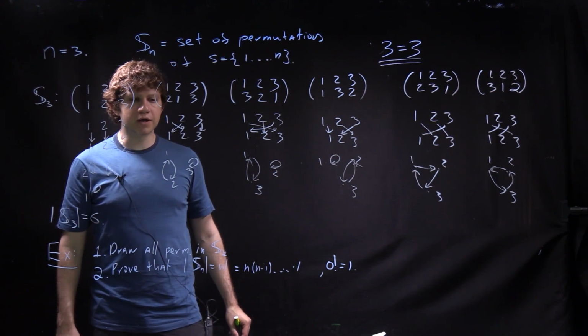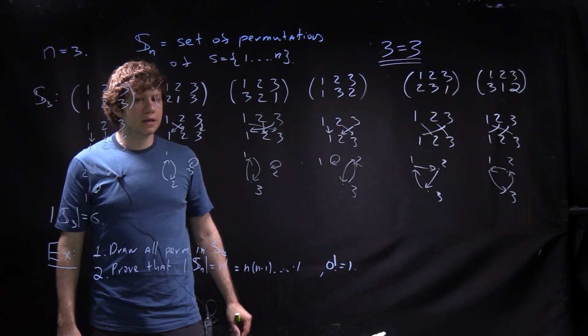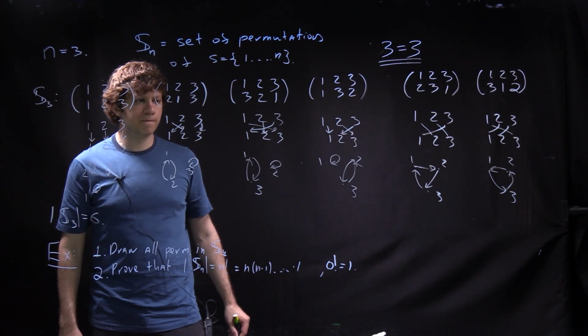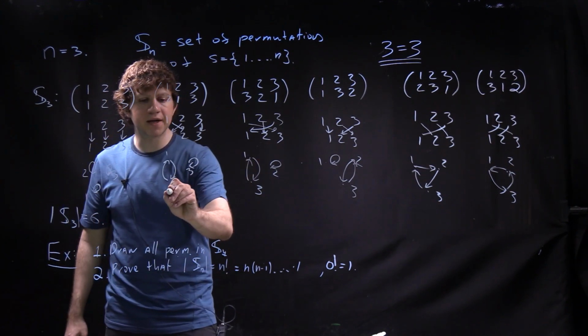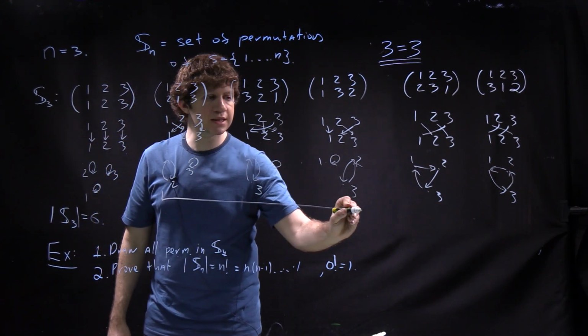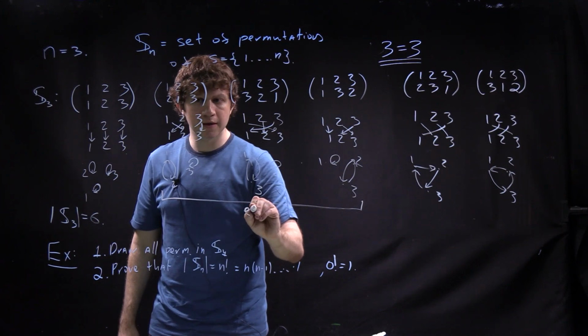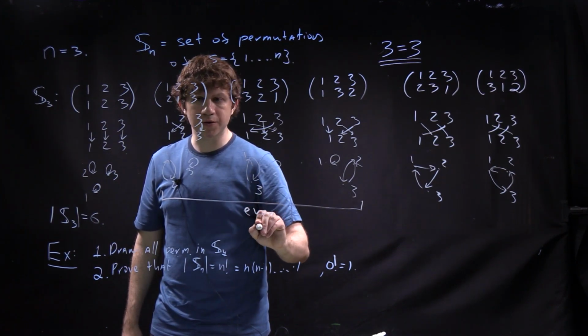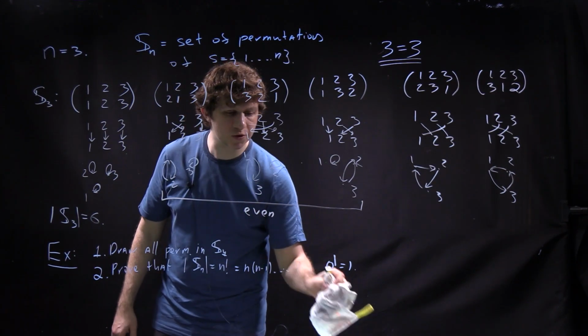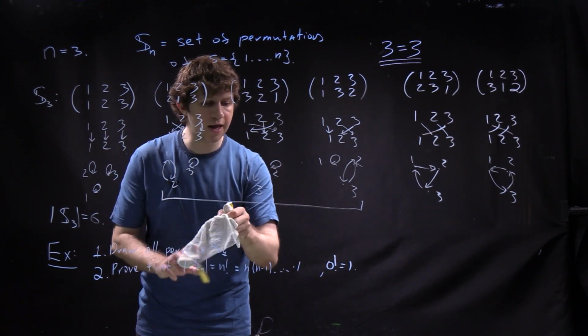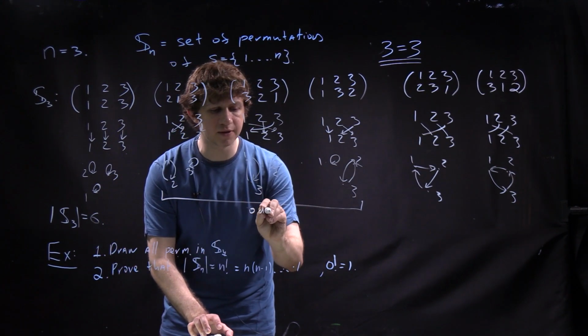In particular, we'll see later that these permutations are nicely divided into two types. So these will be called even, and these will be called odd, and the rest will be called even.